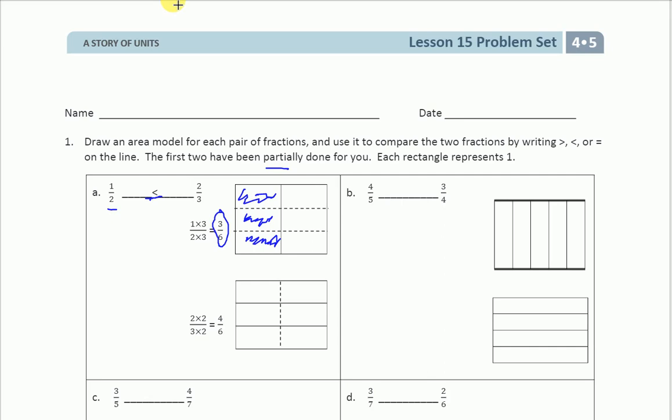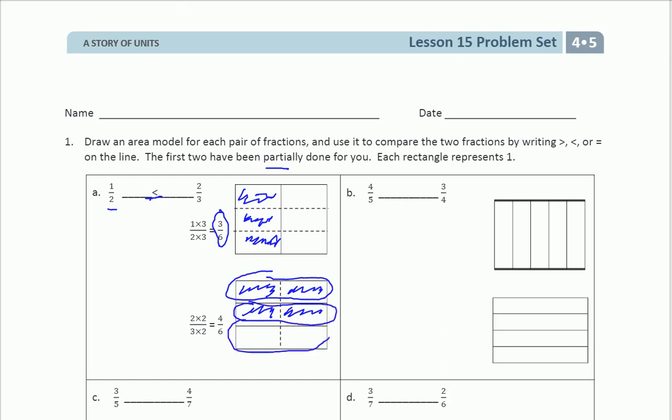Let's say we start off with 2/3 now. Let's look at it a little bit differently: there's a third, there's a third, and then here's the last third.